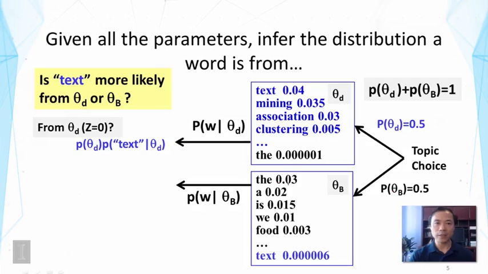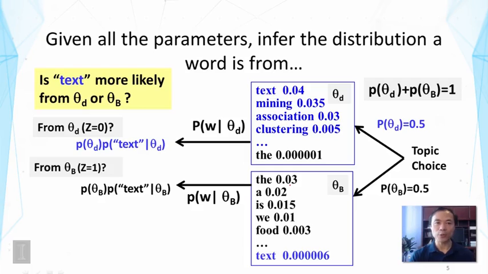And secondly, we also have to actually have observed the text from the distribution. So when we multiply the two together, we get the probability that text has in fact been generated from theta sub d. Similarly, for the background model, the probability of generating text is another product of similar form.